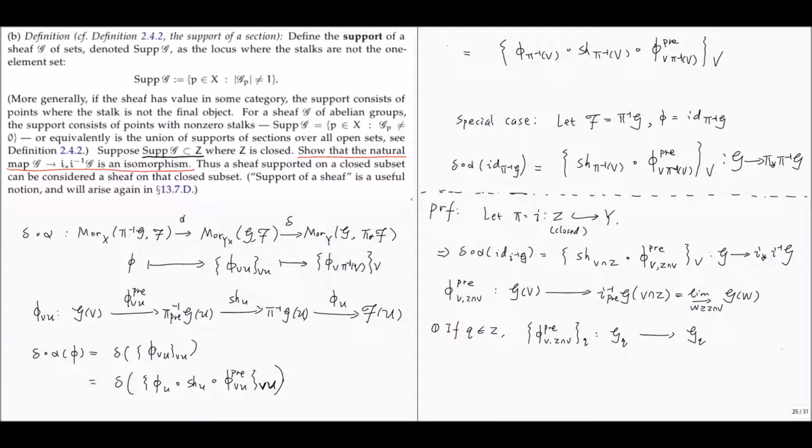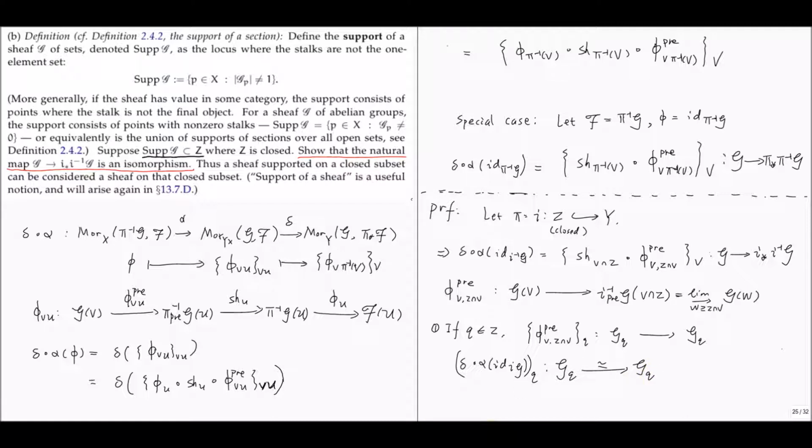We see the induced stalk map of this part will become the identity map on G sub Q. And since the sheafification in this case will induce an isomorphism between stalks, the induced stalk map at Q will be an isomorphism from G sub Q to G sub Q.